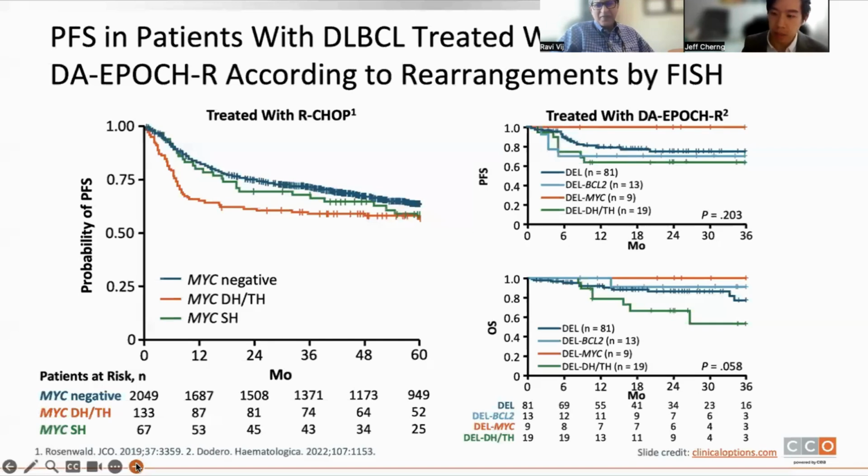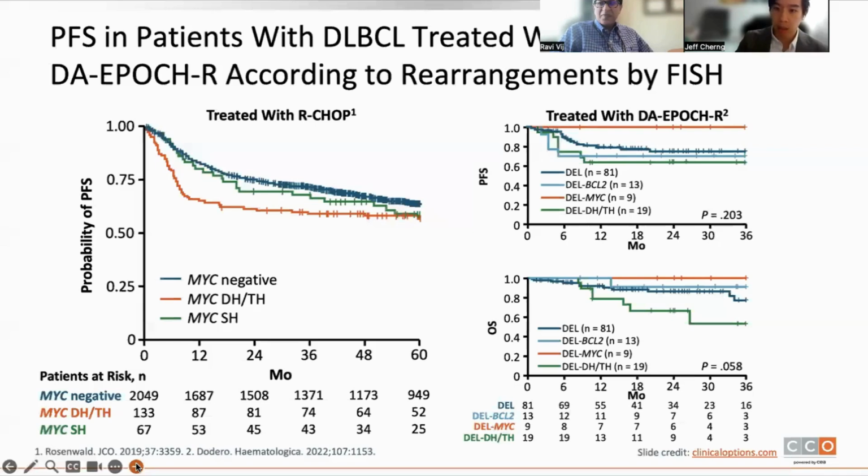I believe that they didn't include very low risk patients, and they found that there was no difference in outcomes there. Now, there are some quibbles about that study design and whether they enrolled enough high risk patients, but for most patients with DLBCL NOS, including double expressor lymphoma, R-CHOP should be sufficient.